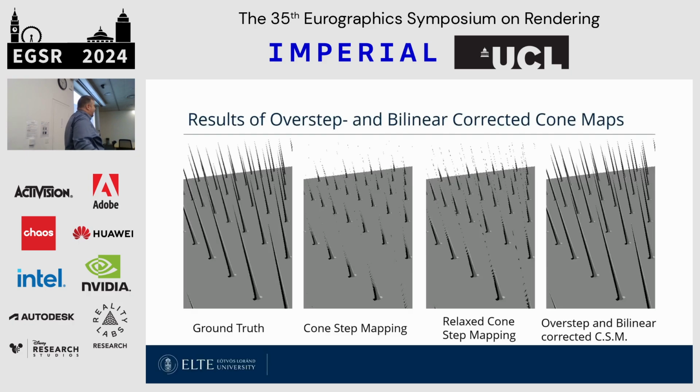We computed it with 10,000 step size of linear search. The constant mapping and the relaxed cone mapping have problems reconstructing these fine detailed features. On the other hand, if we use simple cone mapping but with overstep and bilinear correction, as mentioned before, then it could already reconstruct this really high detailed feature as well.